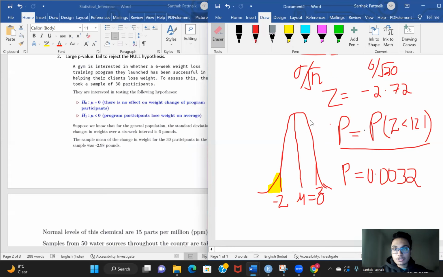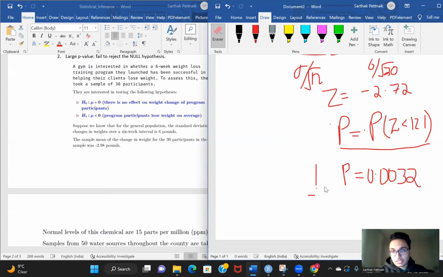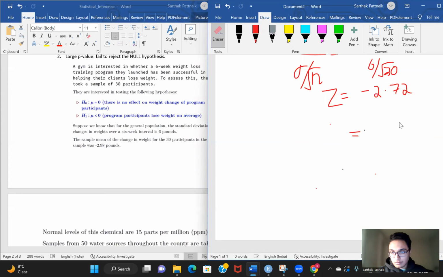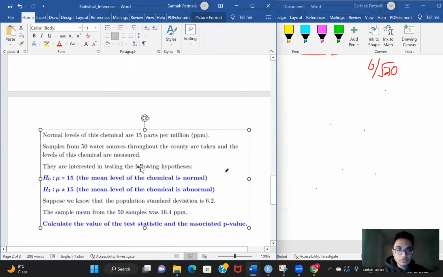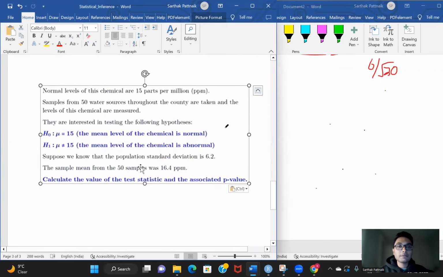Now, the second problem introduces you to how to solve questions on two-sided hypothesis testing. Let me go to the question. Normal levels of this chemical are 15 parts per million.